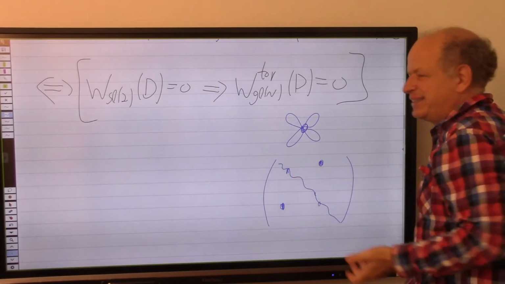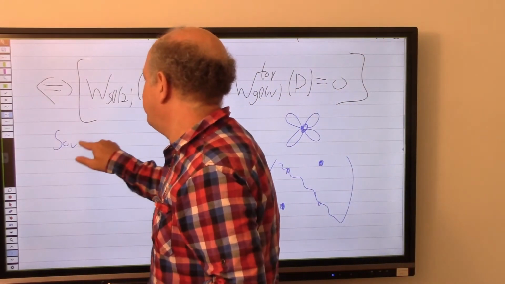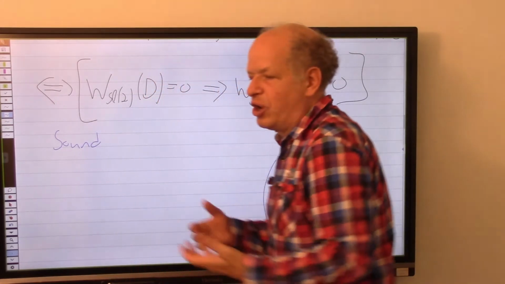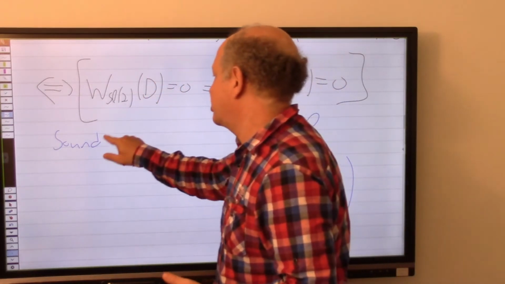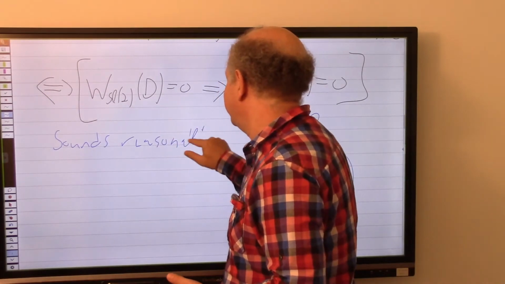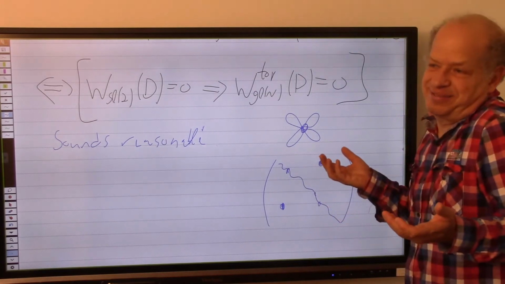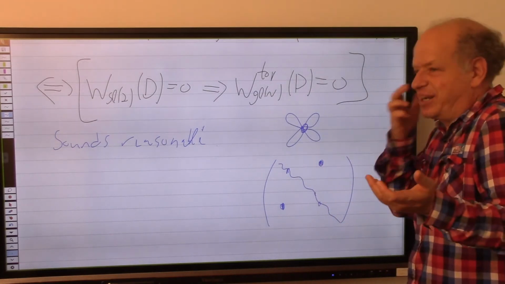So from the perspective of people who know Lie algebras, this sounds like a reasonable statement. But unfortunately it isn't.